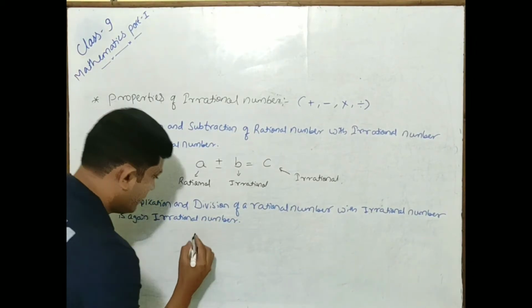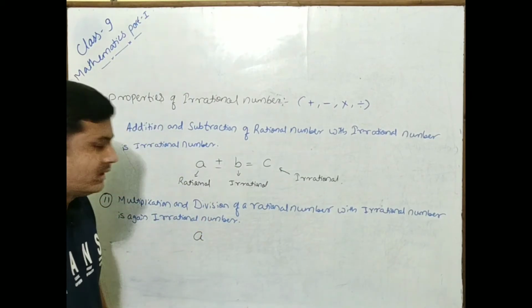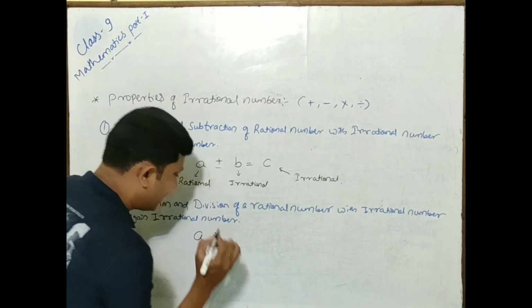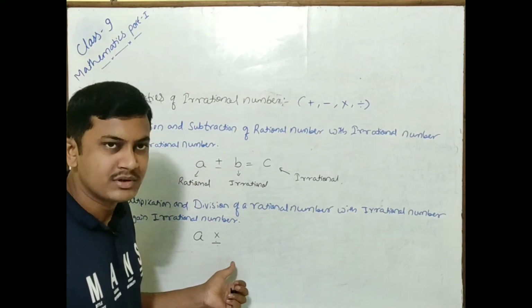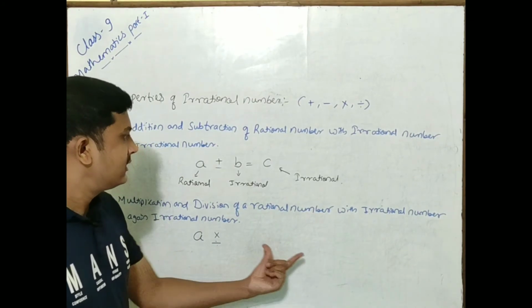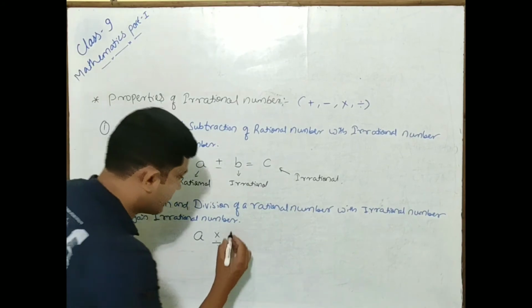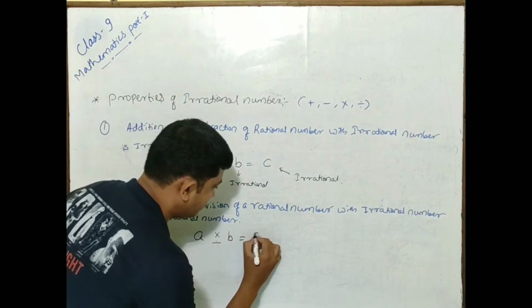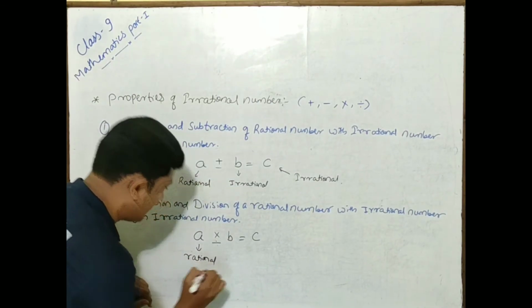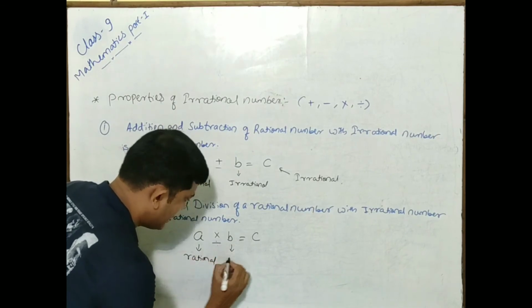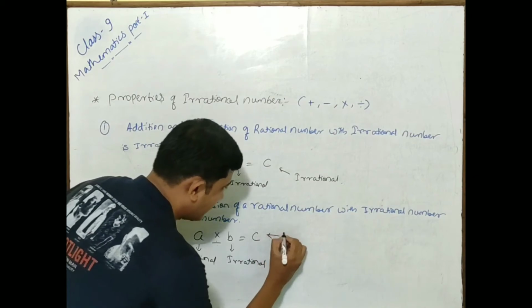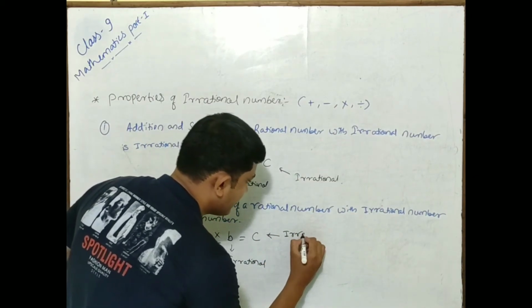Consider A as a rational number and B and C as irrational numbers. If we apply the mathematical operation on both numbers, that is A and B, rational and irrational, the answer we will get is again an irrational number. Rational number, irrational number, we get the answer as an irrational number.